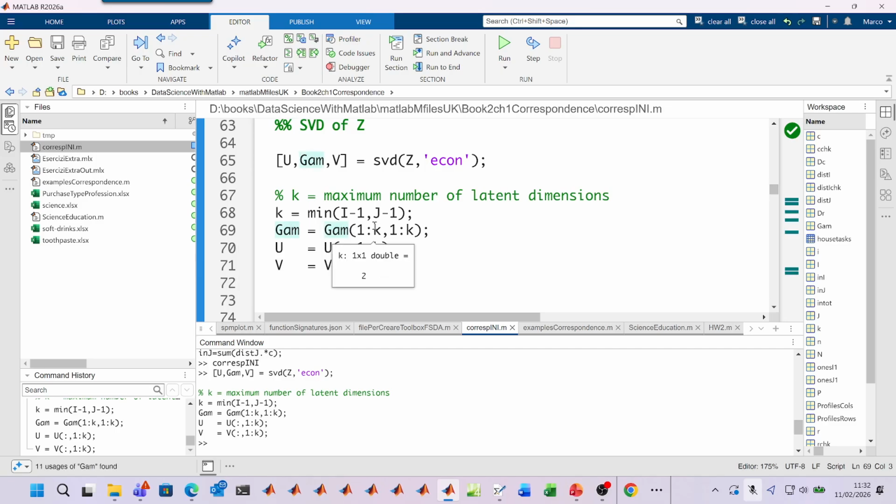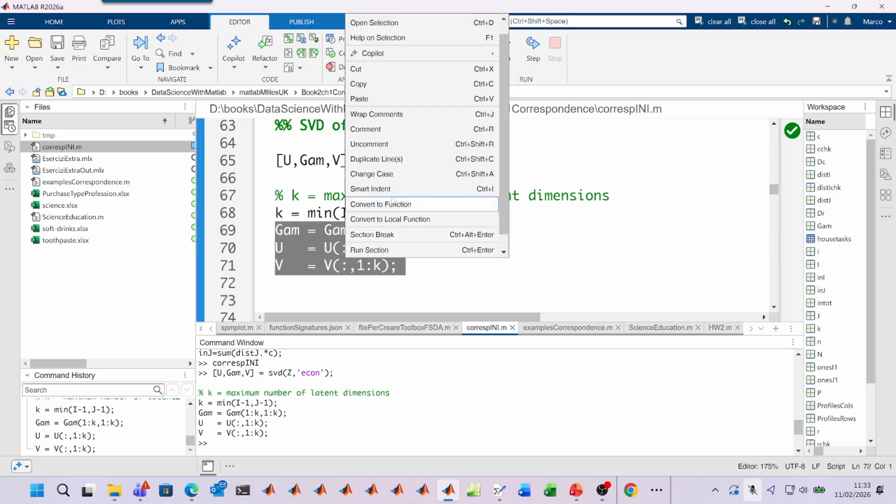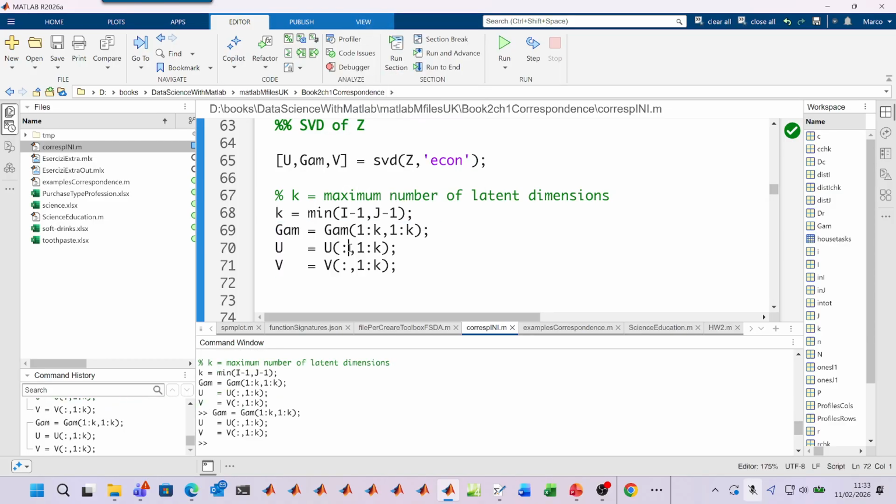Here the matrix is 3 times 4. So the maximum total inertia is 2, because it is the minimum between capital I minus 1 and capital J minus 1. So it is 2. Because capital I was equal to 3 and capital J was equal to 4. Therefore, you are in a space of dimension 2.